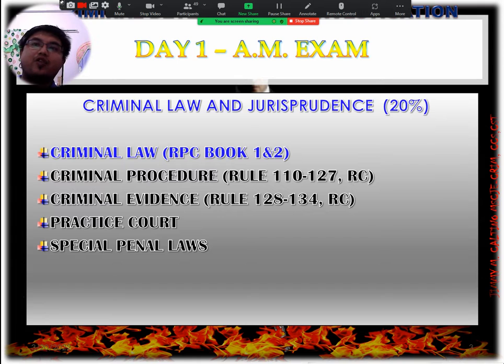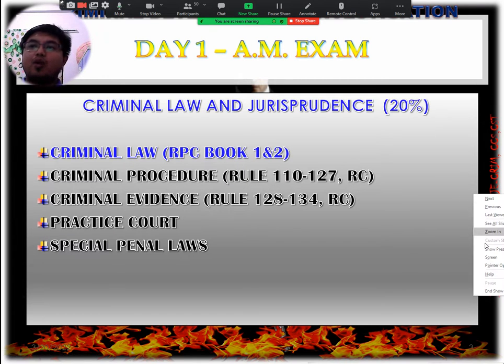What else for criminal law book 1? When they say criminal law book 1, always remember the Jumaa. Jumaa is the acronym for justifying, exempting, mitigating, alternative, and aggravating circumstances. What else for criminal law book 1?